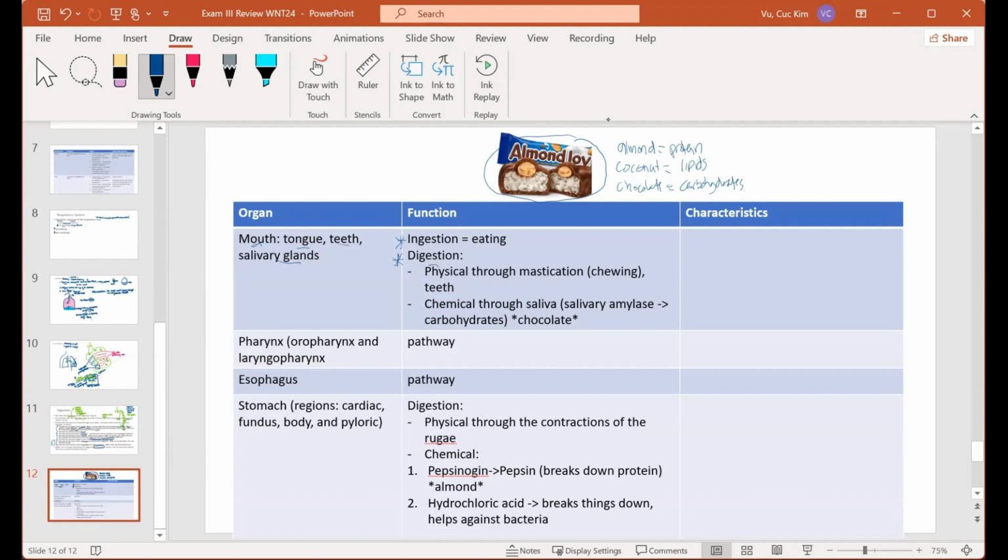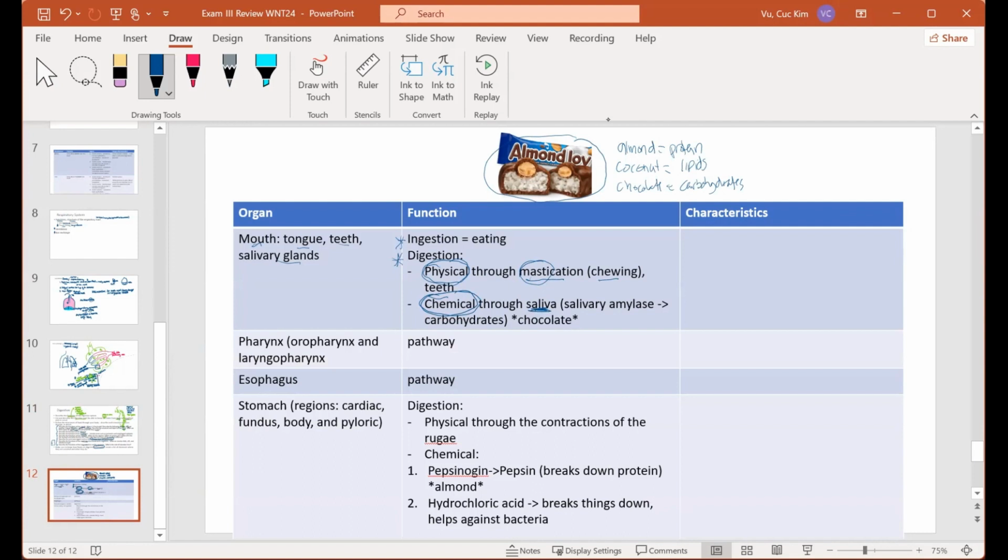The teeth and the tongue allow for physical digestion or mechanical digestion in a process called mastication, meaning chewing, and that's why you have the masseter muscle in your mouth that helps you to chew. The teeth grinds the food apart, and that's part of the mechanical or the physical digestion. But in the mouth, you also have chemical digestion because the salivary glands produce saliva.